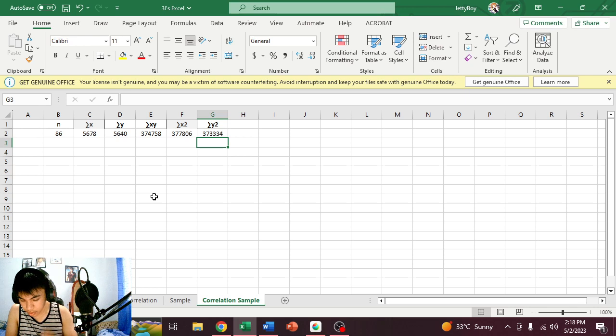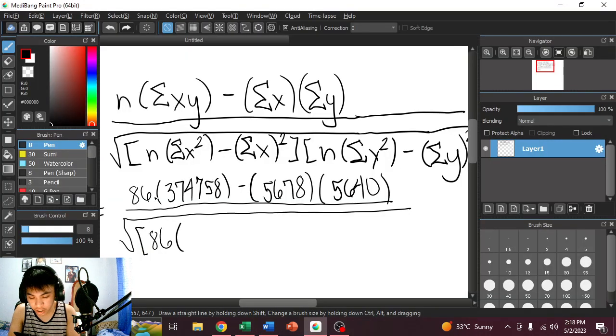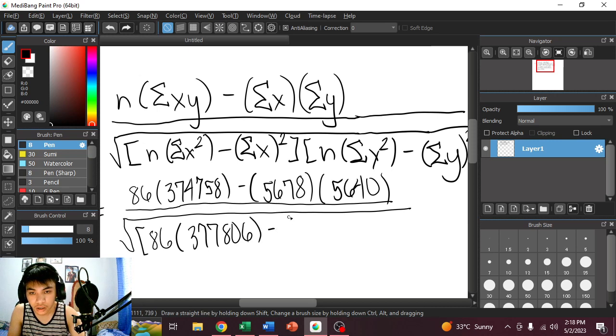Summation of x squared is 377,806 minus, wait, let's put this here first, minus the summation of x quantity squared.